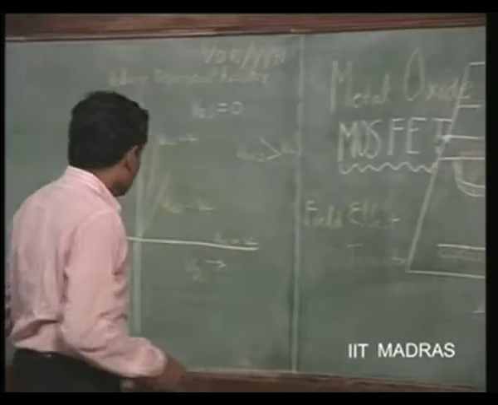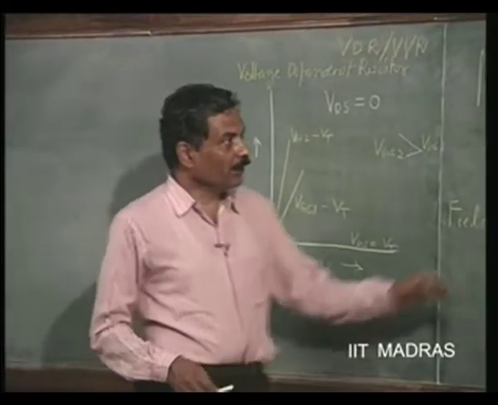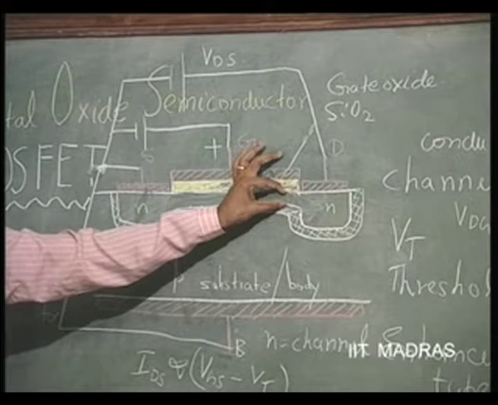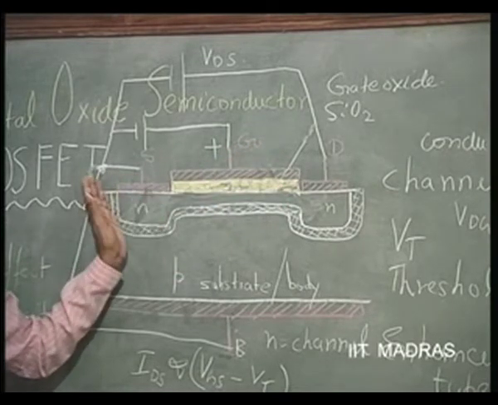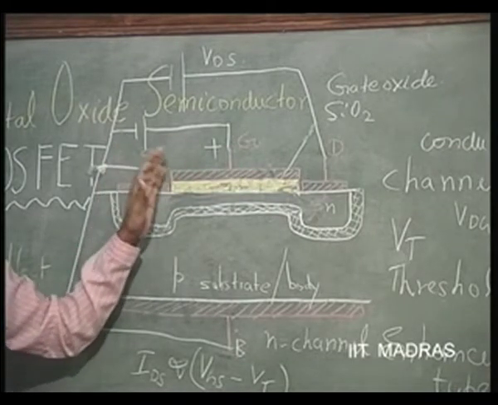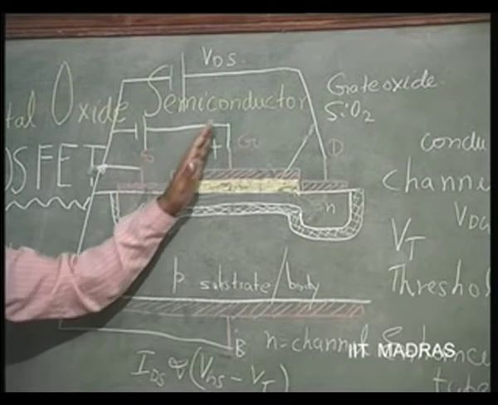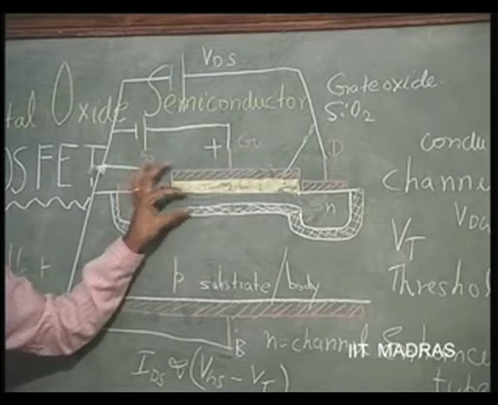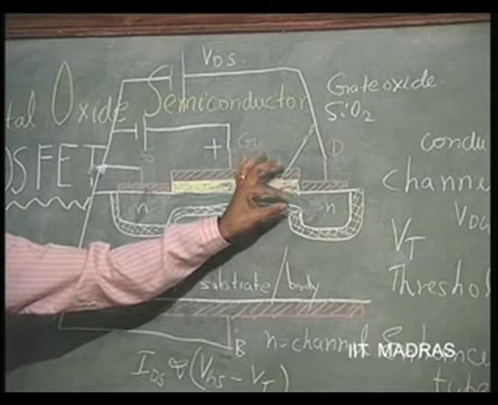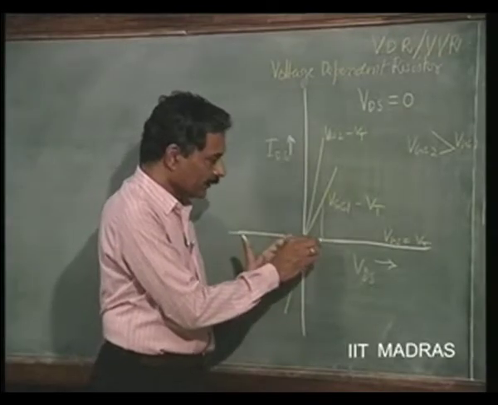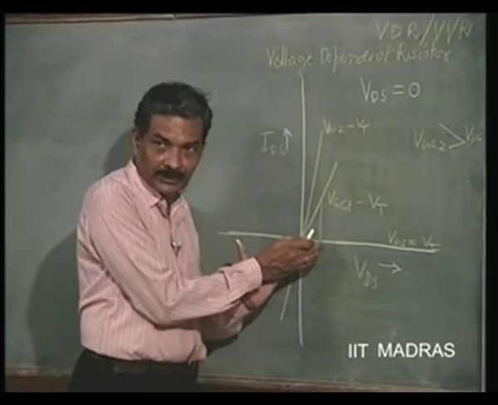As I keep on increasing this voltage, the width here of the channel will decrease. This width will remain constant, because VDG is changing, but VGS is remaining constant. This has been maintained constant, so this width remains unaltered. This keeps on decreasing. What should happen? There is an increment in current corresponding to the increment in voltage.